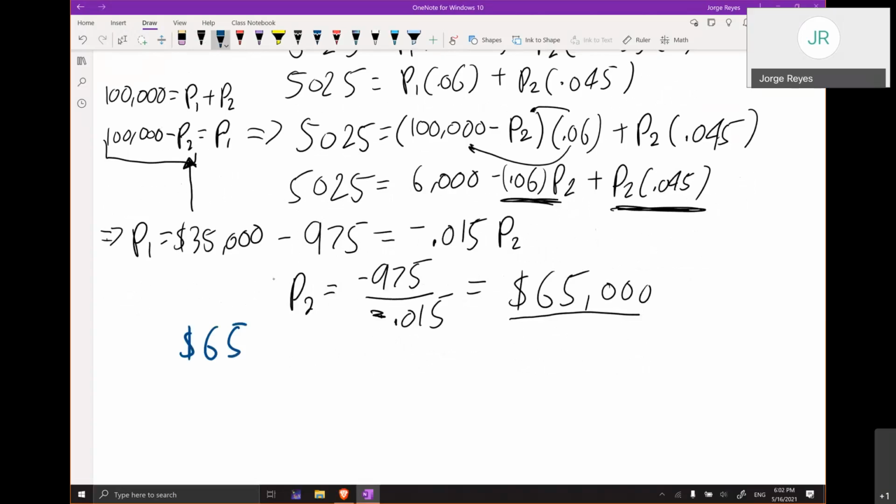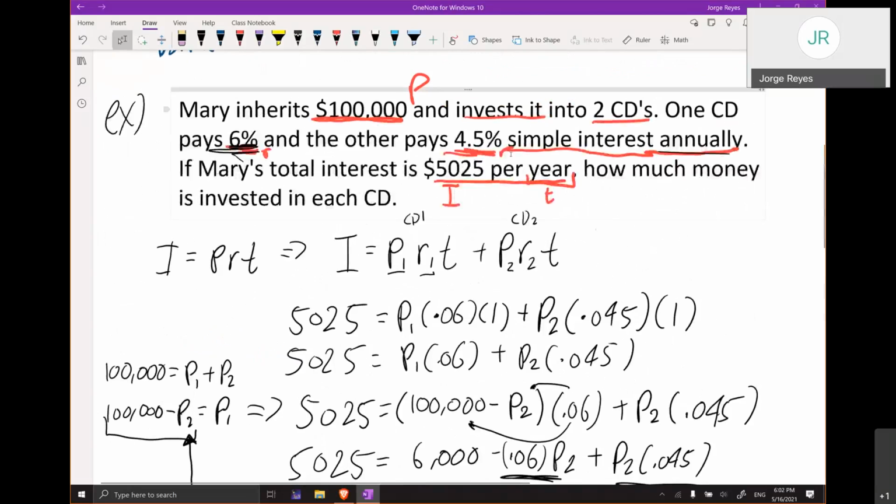Word problems, I know a lot of math professors would like you to write a sentence, all right?